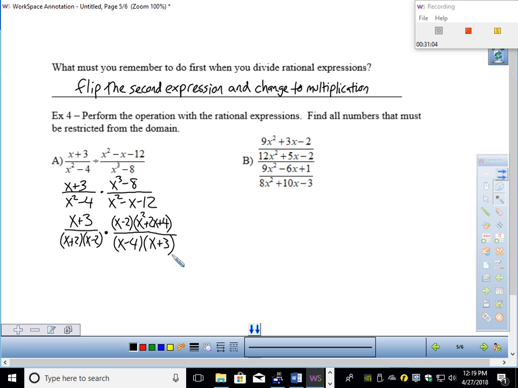All right, so factored form in all 4 parts there. I think we're in really good shape. And let's see what cancels out and go from there. So x plus 3s, they're gone. X minus 2s, they're gone. And I think that might be it. Now remember a couple things, by the way.